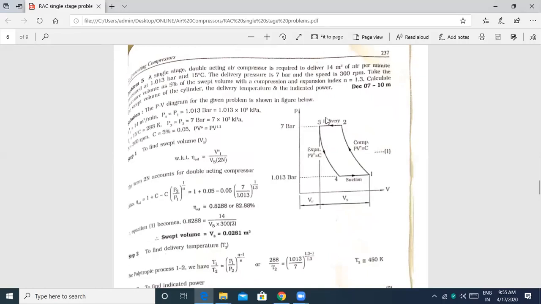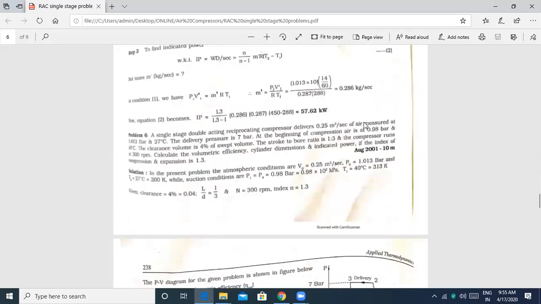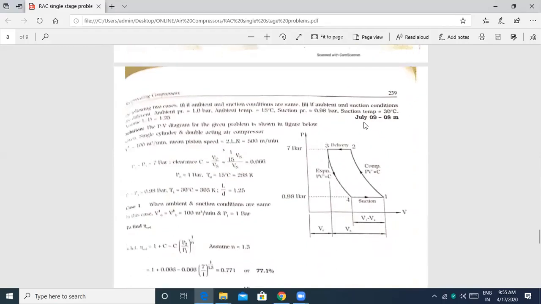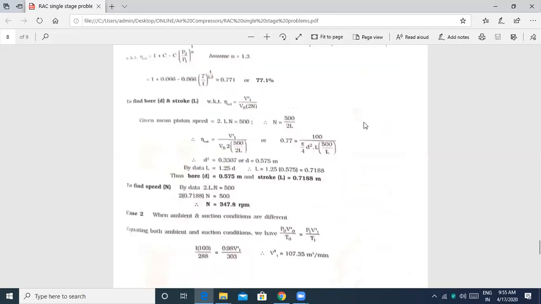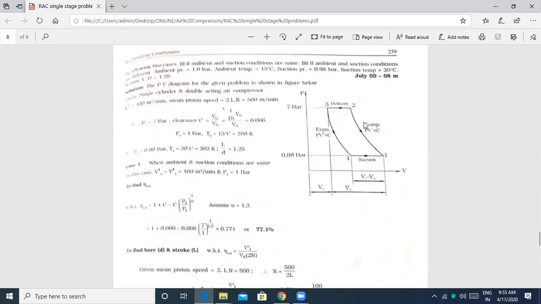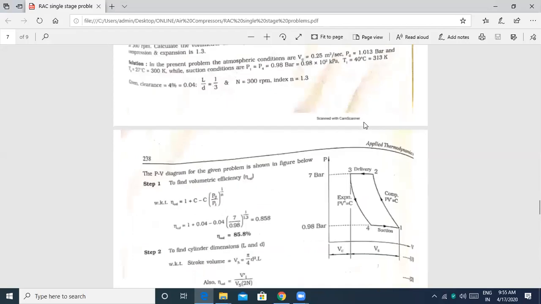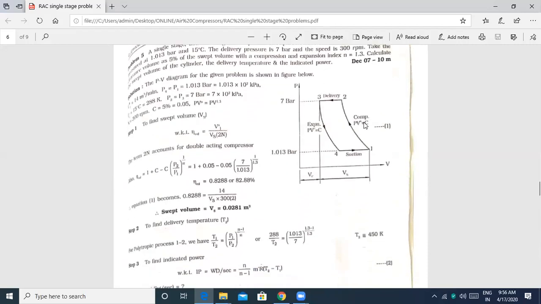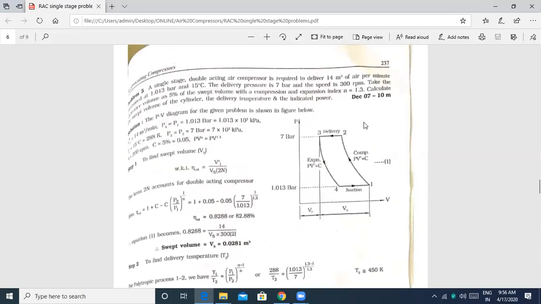So you have to draw the diagram. In the diagram, 1 to 2 is polytropic compression. Okay, this is the problem. I'll explain the problem first.